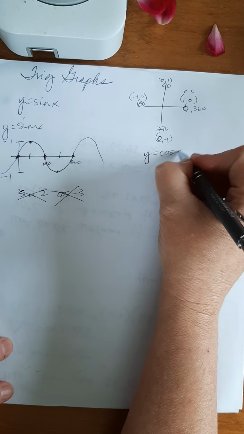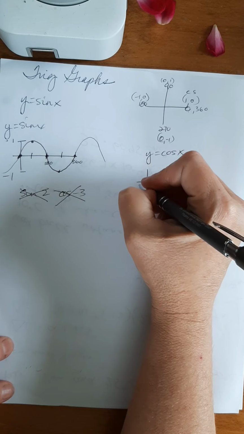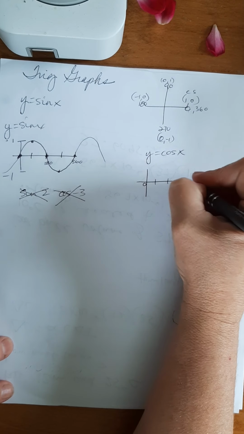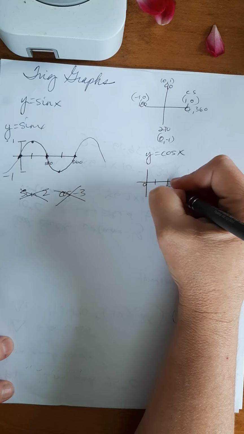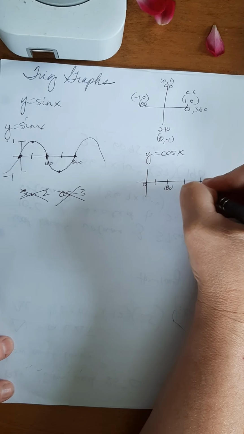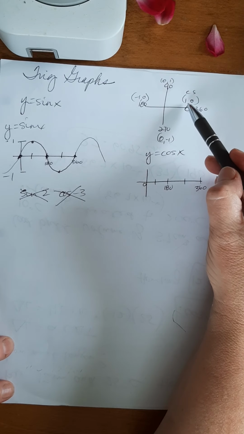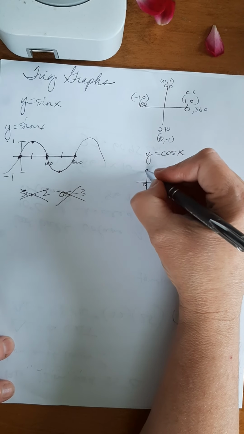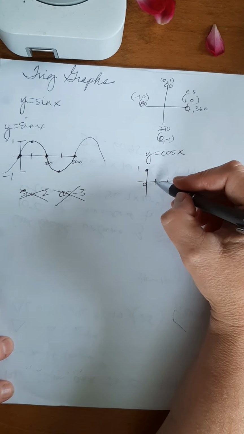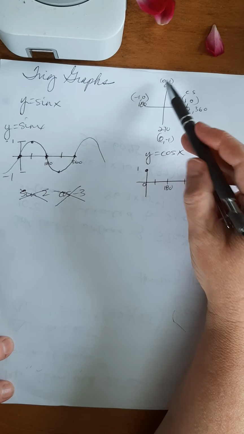Well, if we've done sine, let's do cosine. Still got 0, 90, 180, 270, 360. So now let's do the same, but with cosine. Cosine of 0, 1. Cosine of 90, 0.